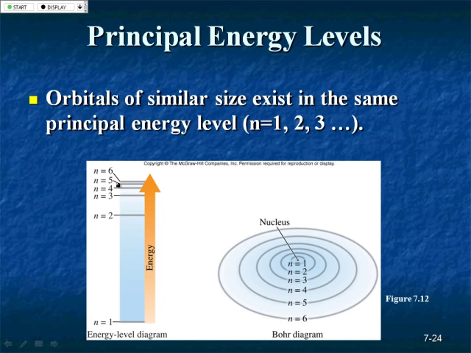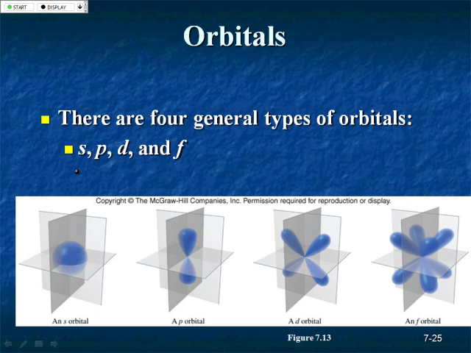So, we know that when n is equal to 1, you have only an s orbital, right? And s orbital can have how many sublevels? Just one, the first odd number. That is what this picture shows in the bottom. N is equal to 1, you have only an s orbital, and each box represents the sublevel.